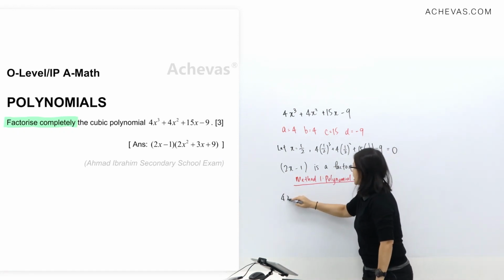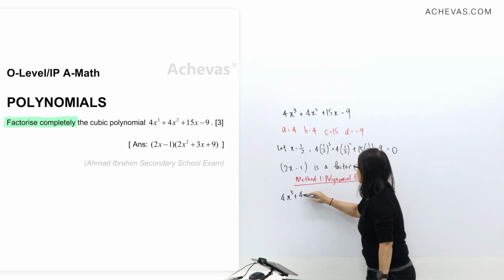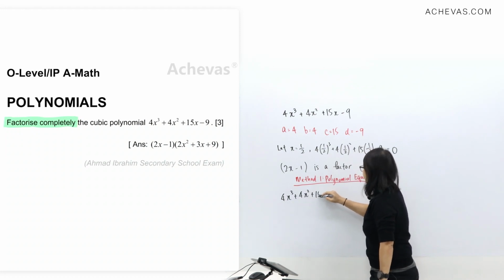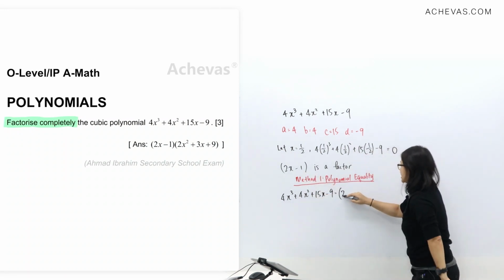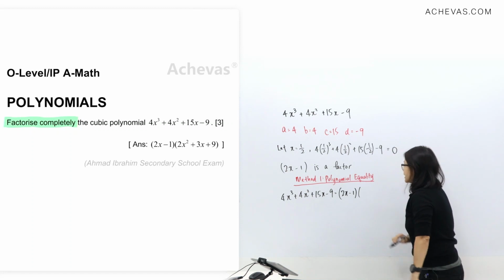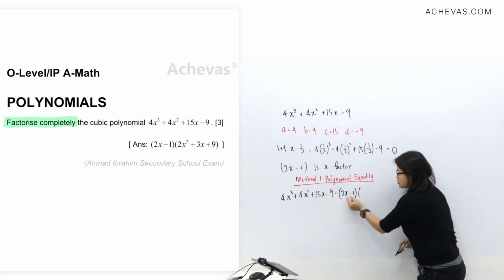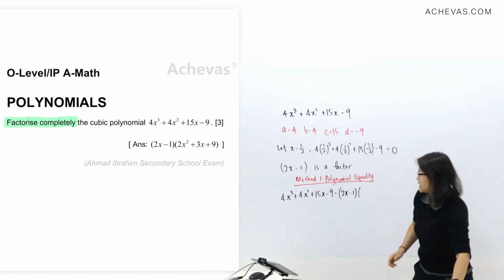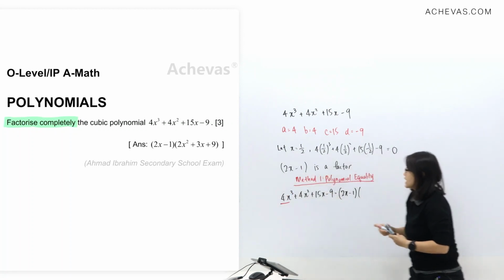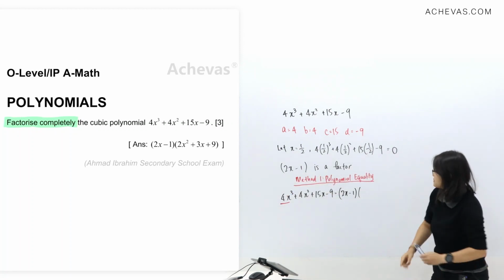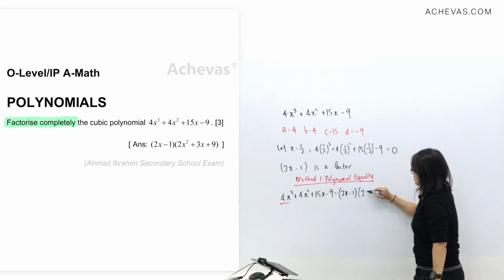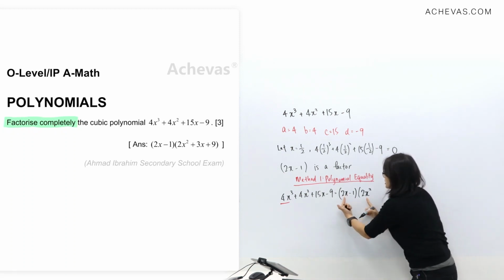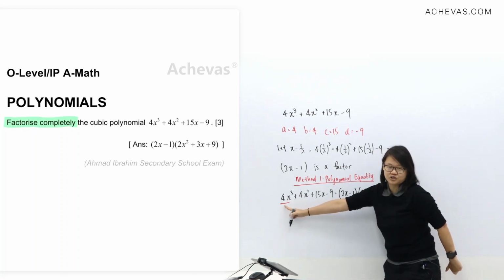We're going to set this cubic polynomial equal to the first factor that I've gotten, and I'm going to straight away factorize. The first term with the highest power of x is 4x^3. I have 2x, so I will need to multiply by 2x^2 to get 4x^3.